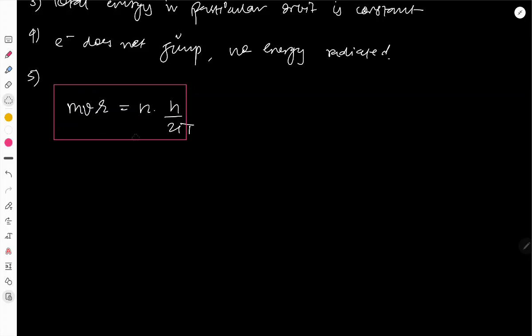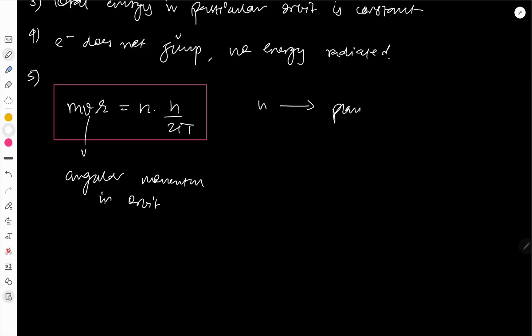That important this thing is. So, what is this mvr? It is angular momentum in an orbit. I'll call a stationary orbit just an orbit. And h is Planck's constant, that is 6.6 into 10 to the power minus 34. And pi is 22 by 7, as everybody knows.